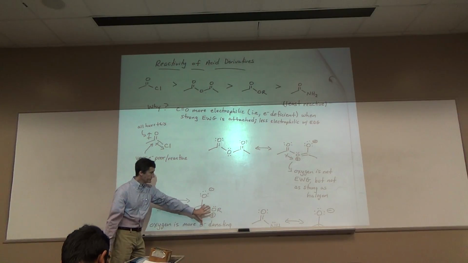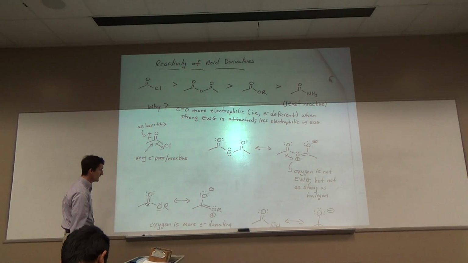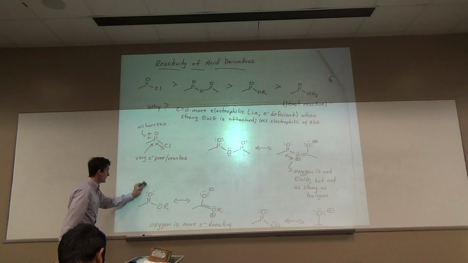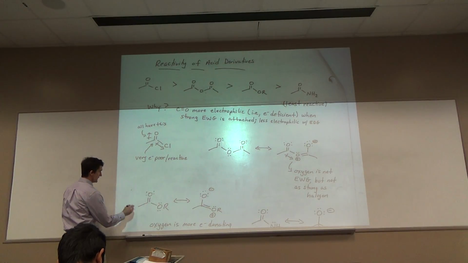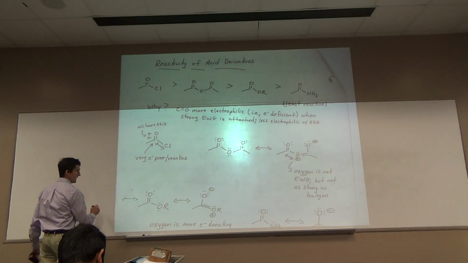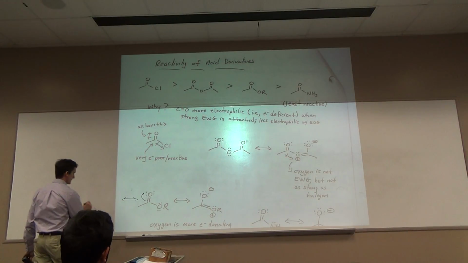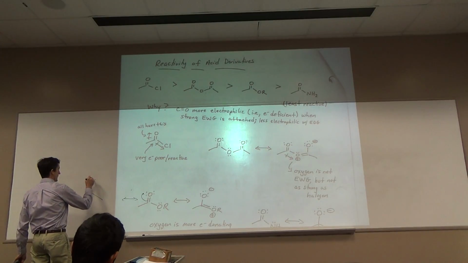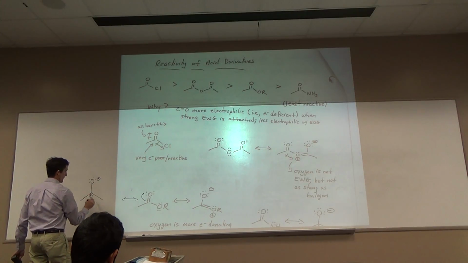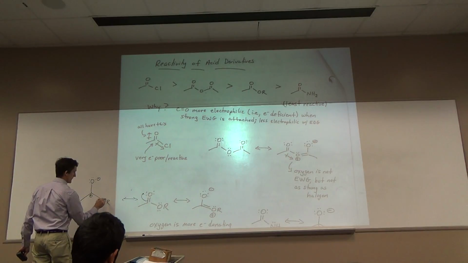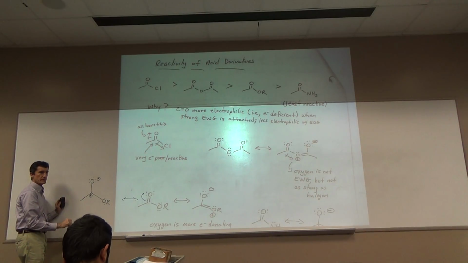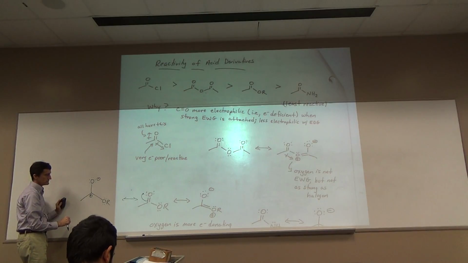Now this is a resonance structure showing the donation. Every carbonyl has this; we can just move these electrons out. Here's a resonance structure where we polarize the carbonyl, but every carbonyl has that.